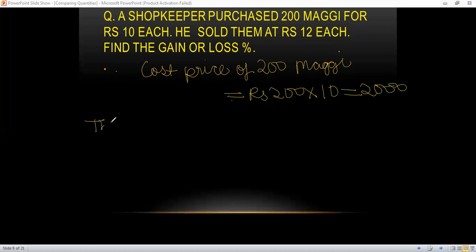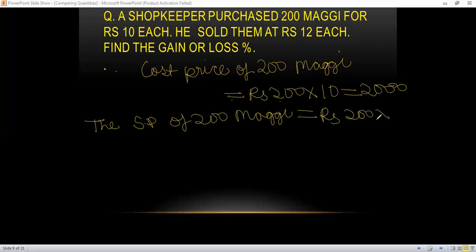Now the SP, that is the selling price of 200 Maggies, is equal to rupees 200 into 12, which is equal to rupees 2400. Now it is very obvious that the shopkeeper has made a profit.